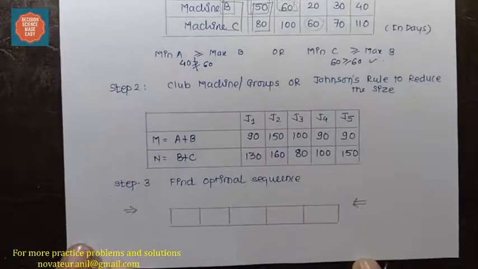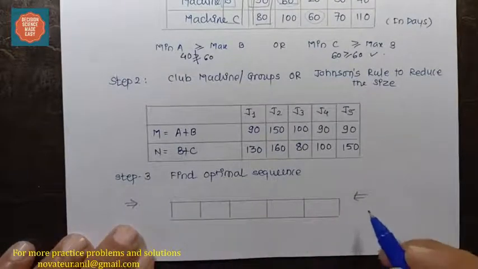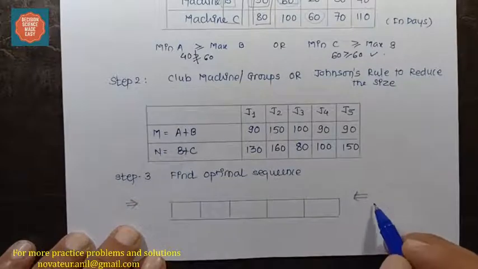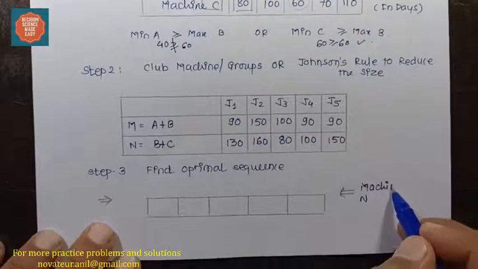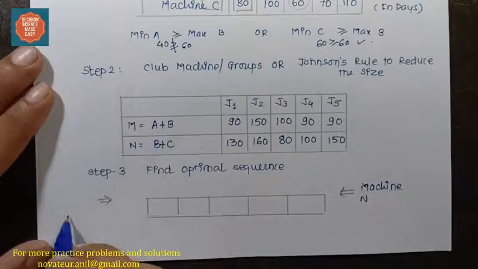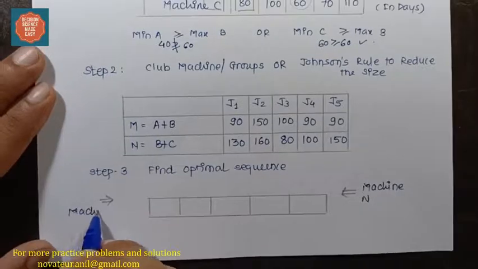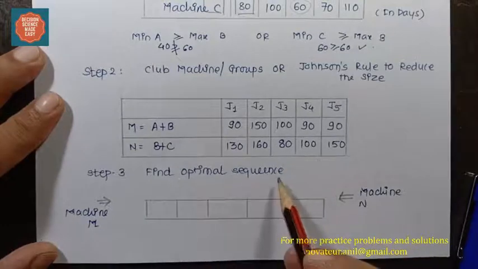Now the rest is similar to what we have done previously. Whatever entries come from machine N have to be put on the right hand side, and whatever entries come from machine M have to be put on the left hand side. So we are going to allocate the optimal sequence.